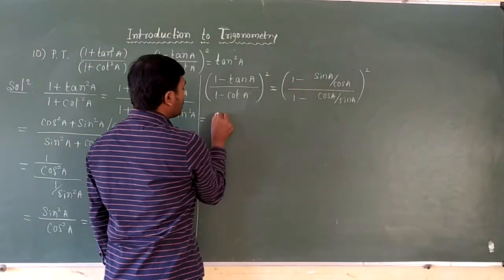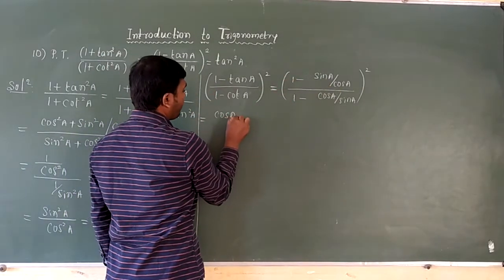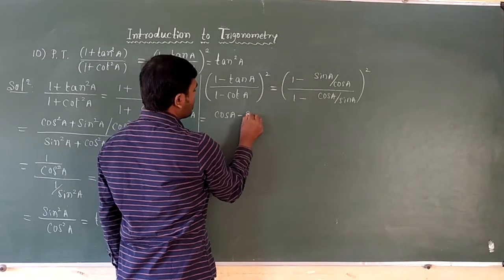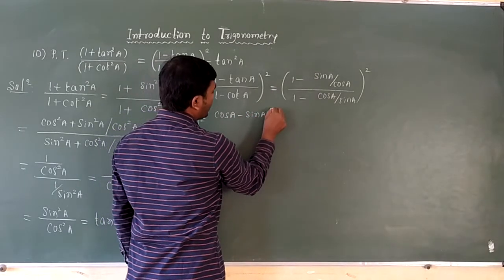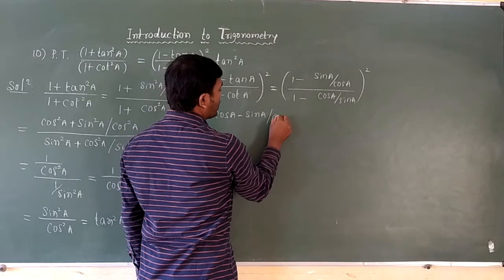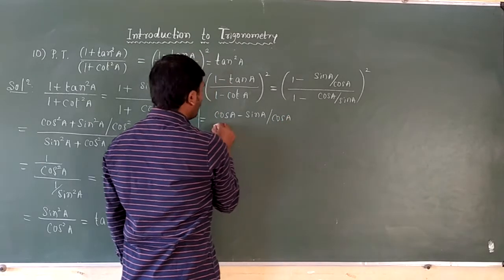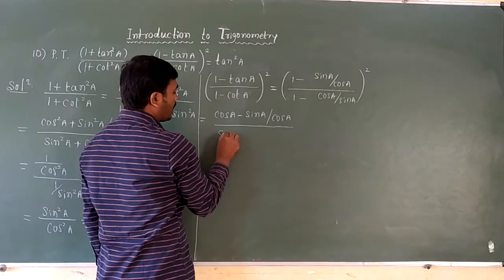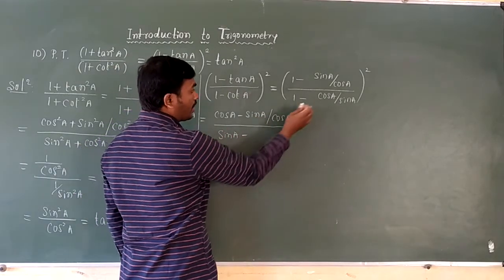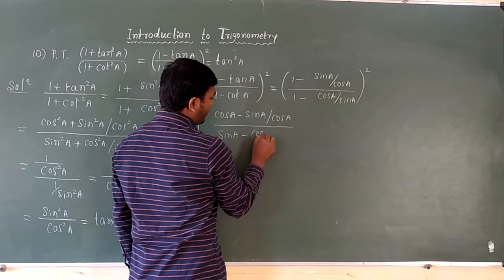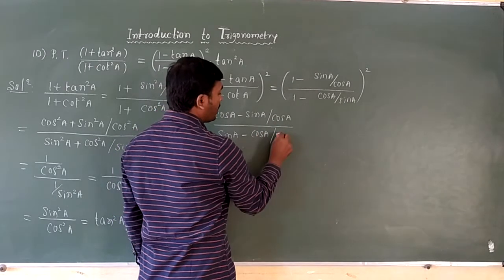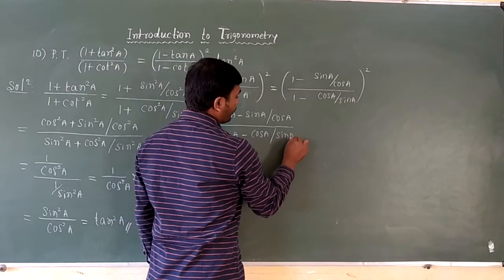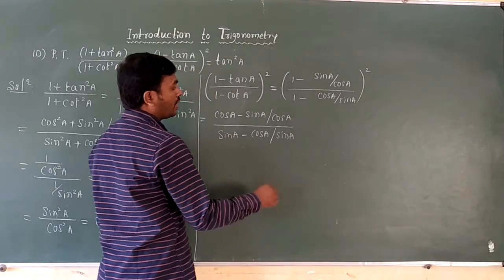Cos a into 1 is what? Cos a, minus sin a, divided by what? Cos a, whole divided by, again sin a into 1 is what? Sin a, minus cos a, divided by sin a.